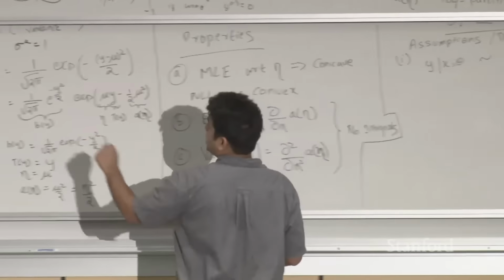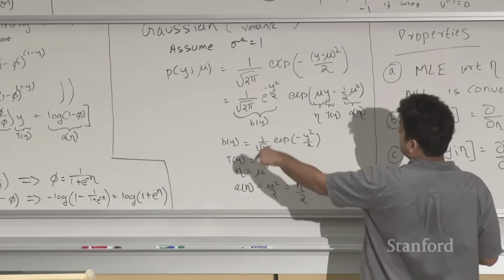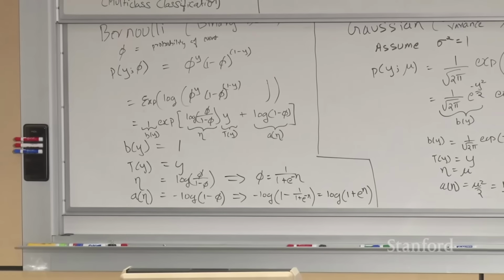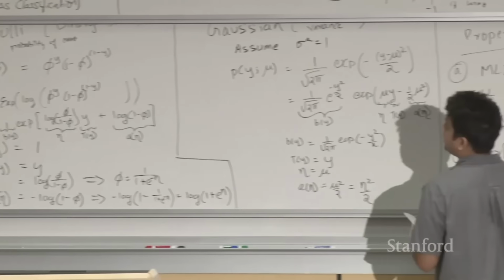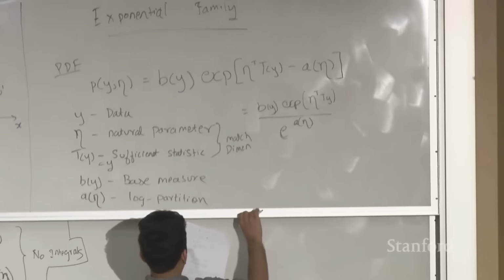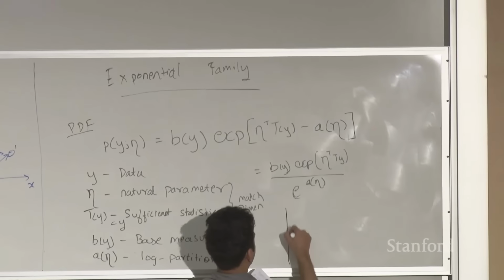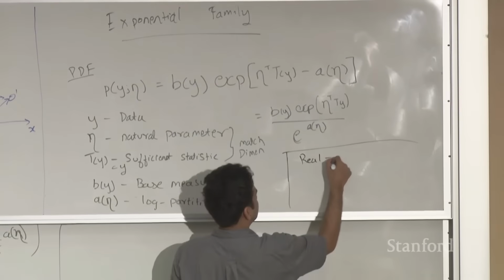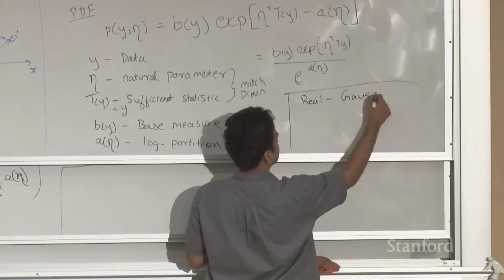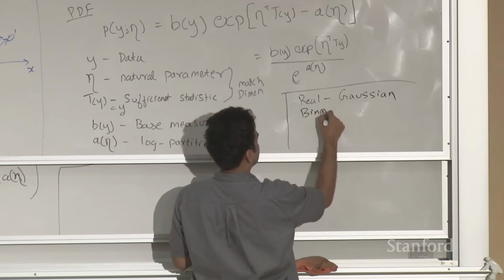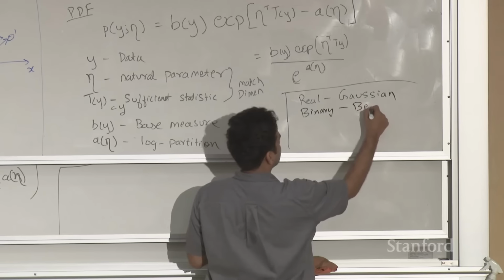We only talked about the Bernoulli and Gaussian. There are also other distributions that are part of the exponential family. For example, I forgot to mention this. If you have real valued data, you use a Gaussian. If you have binary data, you have Bernoulli.